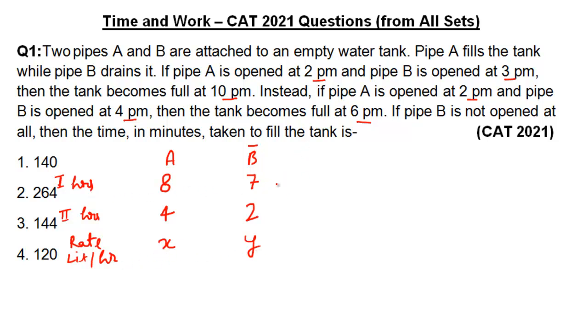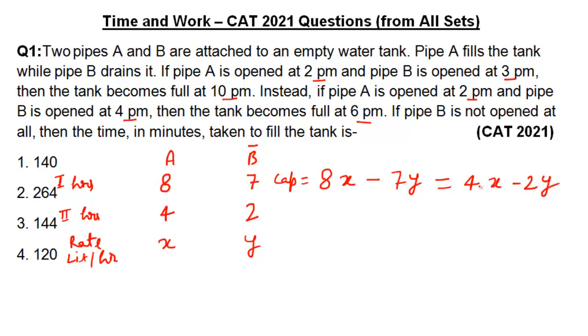Okay, so in the first situation A will fill 8X, minus B will empty 7Y. So this has to be the capacity of the tank, 8X minus 7Y, and this should be equal to the second situation, that is 4X minus 2Y.